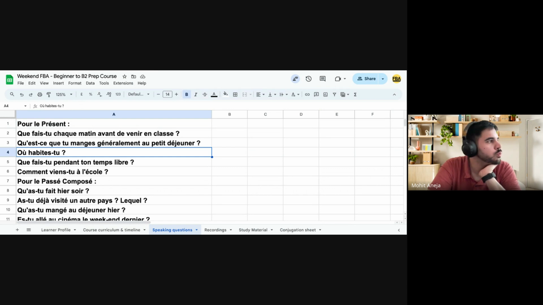Est-ce que tu peux nous donner une explication de tes alentours? Alentours is surroundings. Où habites-tu, Ella? Est-ce que tu peux nous expliquer tes alentours? Where do you live and what are your surroundings like? Can you describe?